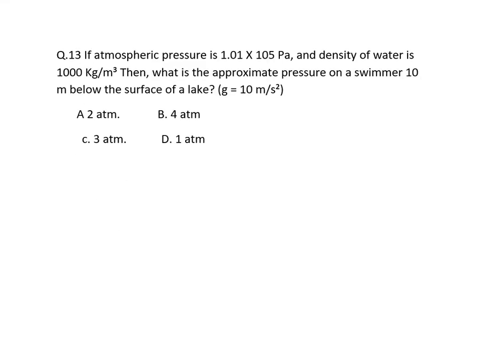Okay, next question, question number 13, which is saying that atmospheric pressure is given, density of water is given, find the approximate pressure on a swimmer 10 meter below the surface. So pressure below a certain depth of water is P atmospheric pressure plus P hydrostatic pressure.